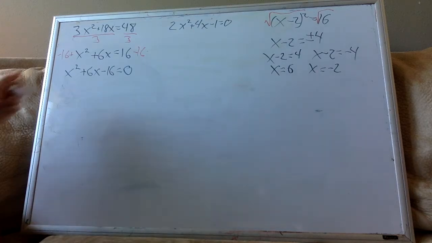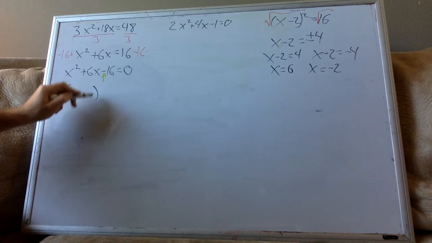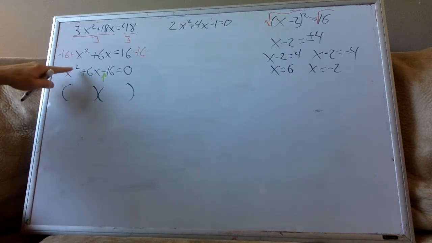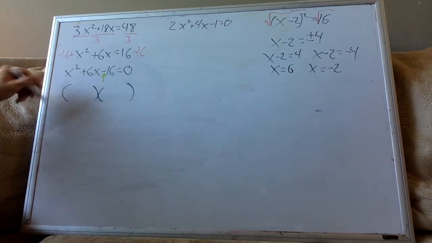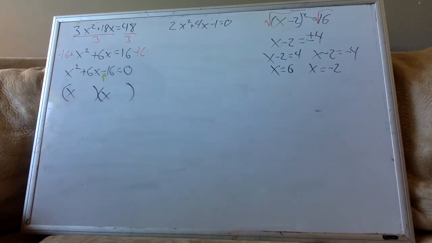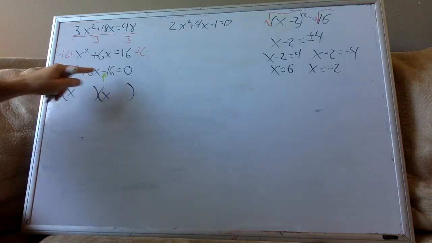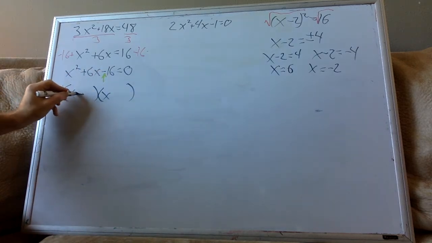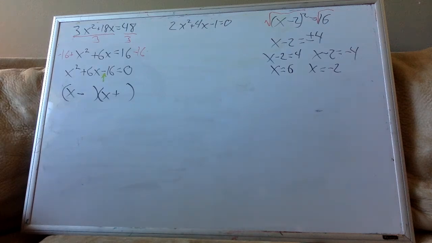Because we have this negative here, that means when I have a quadratic trinomial, if it's going to factor, I'm looking for two solutions. I know these are both x's because that's what gives me the x squared. Since this is negative, I know I have to have a negative and a positive. That's the only way that these terms can multiply.